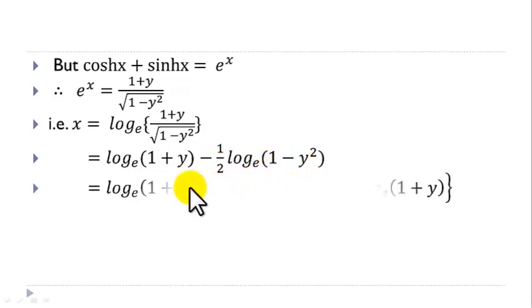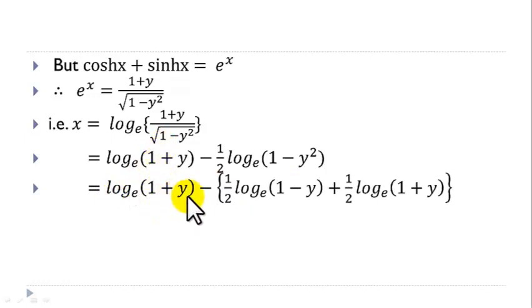Note that 1 minus y squared is a difference of two squares and can be factored as 1 minus y times 1 plus y, and the natural log of the product is equal to the sum of the natural logs. So this is equal to half natural log of 1 minus y plus half natural log of 1 plus y.